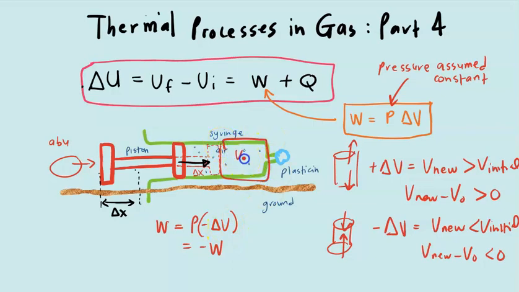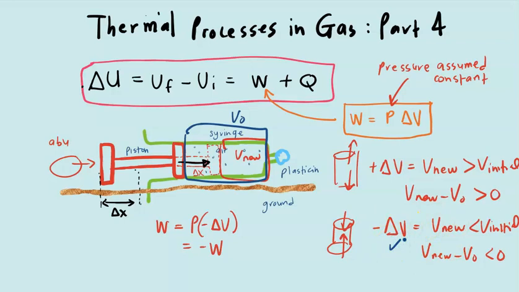The V new is much smaller than the V initial. What was our V initial? We started with this amount of volume. This is our V naught, and we ended up with V new. So V new is smaller than V naught.